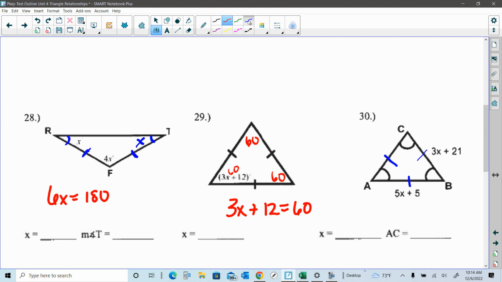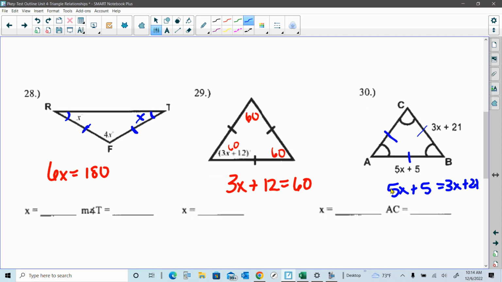So that means you can set this one up as 5x plus 5 equals 3x plus 21. You have to solve for x and then plug it back in to get the AC. All you got to do is plug it into each one, either one, because all of the 3 sides are the same. So it doesn't matter which one you plug it into.